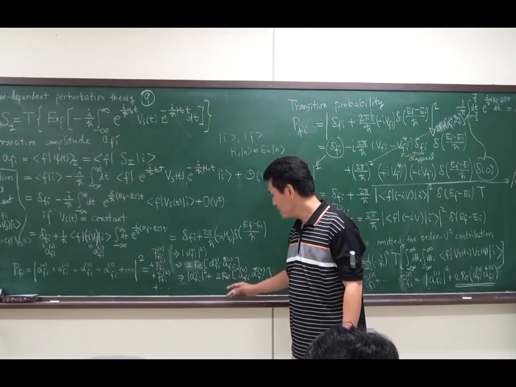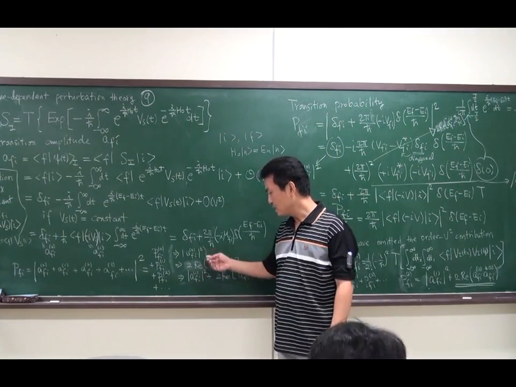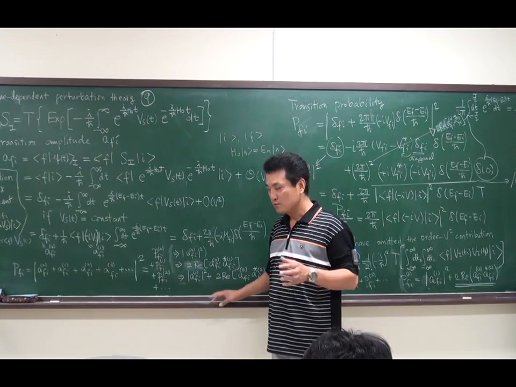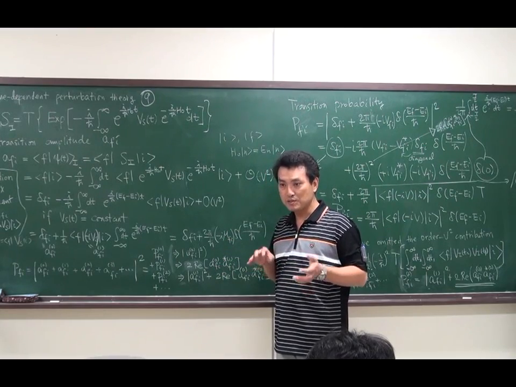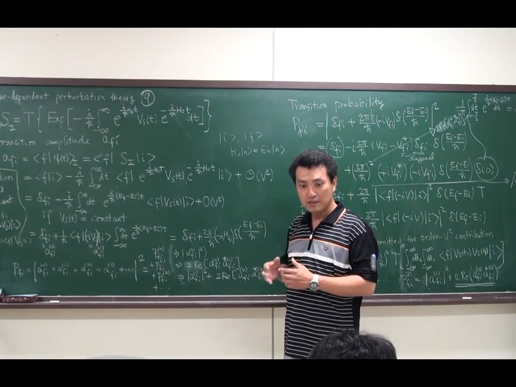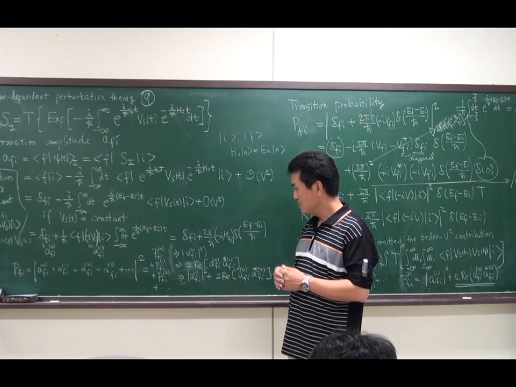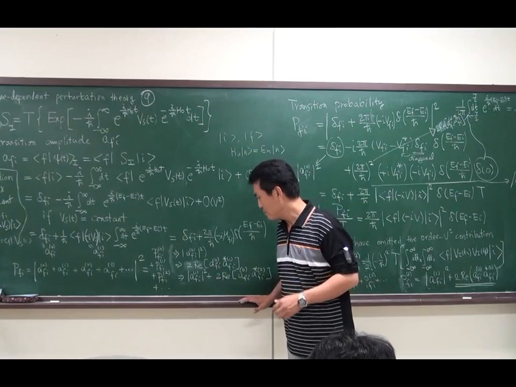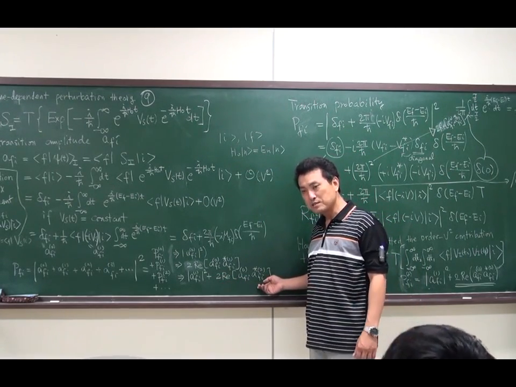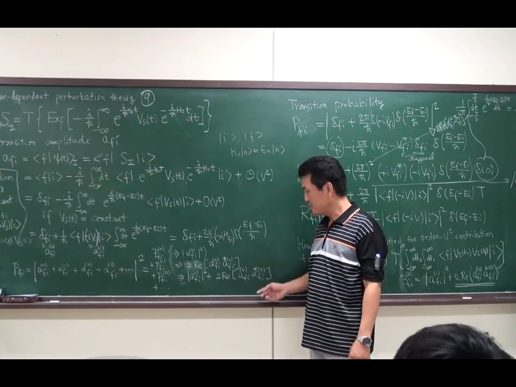But for the time being, let us repeat the calculation that has been done already. Confirming the previous calculation is important because we have developed a different way of computing the transition amplitude. So we'd like to reproduce everything first, and then in the next class we'd like to compute this part.